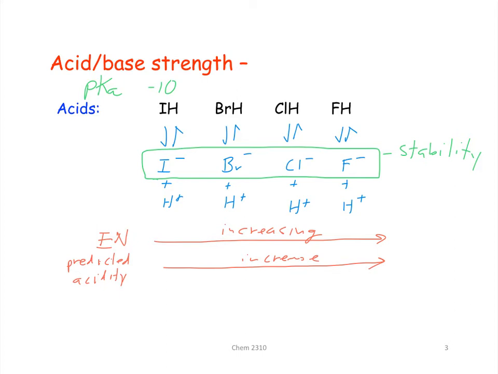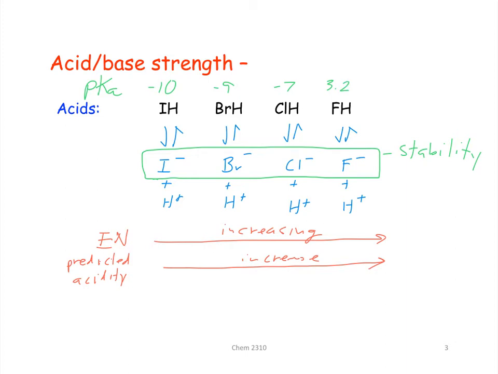HBr, the pKa is minus 9. Minus 7 for HCl. And for hydrofluoric acid, we already saw this: 3.2. That is way less acidic.